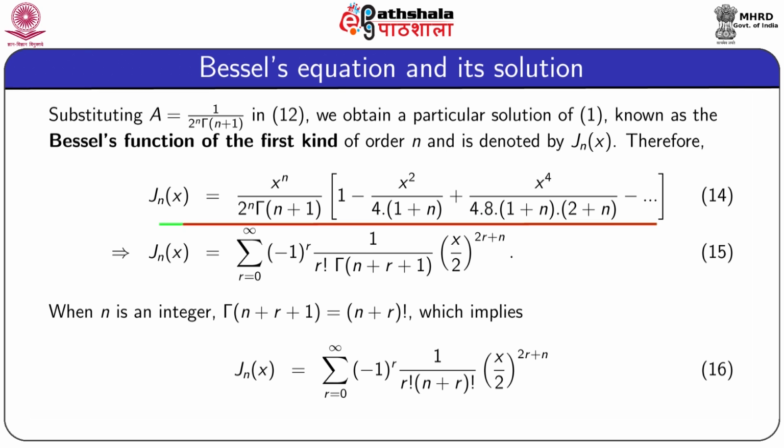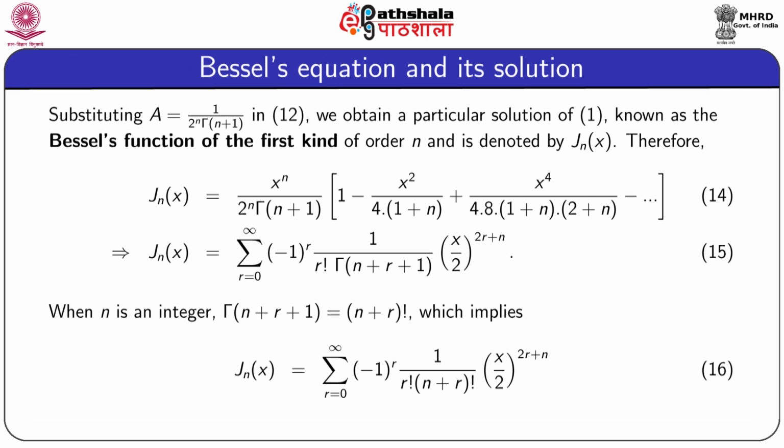Therefore, J n x is equal to x to the power n divided by 2 to the power n gamma n plus 1 multiplied by 1 minus x square by 4 into 1 plus n plus x to the power 4 by 4.8 into 1 plus n into 2 plus n minus dot dot dot, which can be written in the summation form as J n x is equal to summation r equal to 0 to infinity minus 1 whole to the power r 1 by r factorial gamma n plus r plus 1 x by 2 to the power 2r plus n, given by equation number 15.